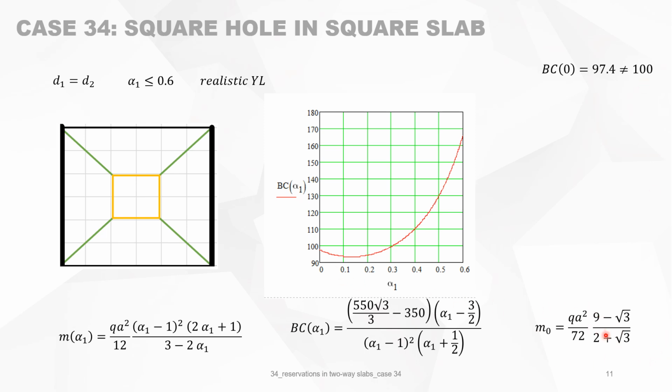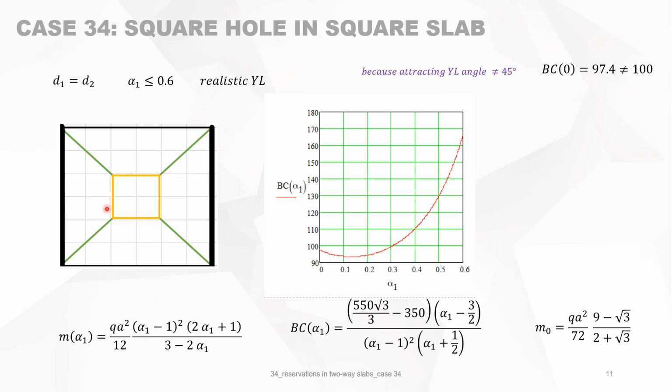Now, bear in mind that this formula is calculated with the 30, 45, 60 rule for the yield lines. So this M0 is calculated with a yield line with an angle here of 60 degrees and there 30 degrees.